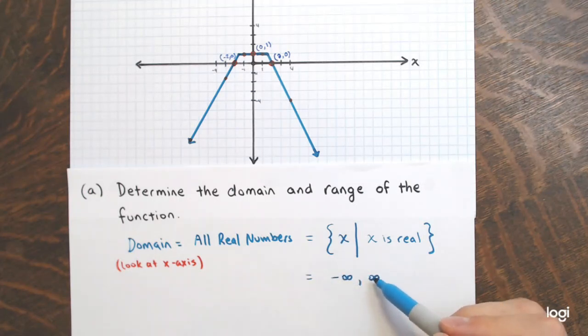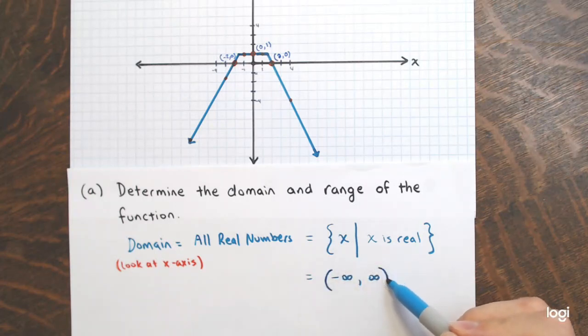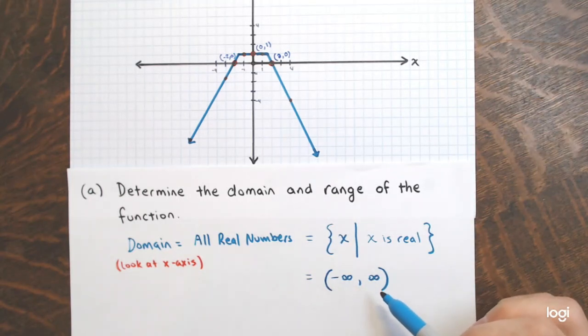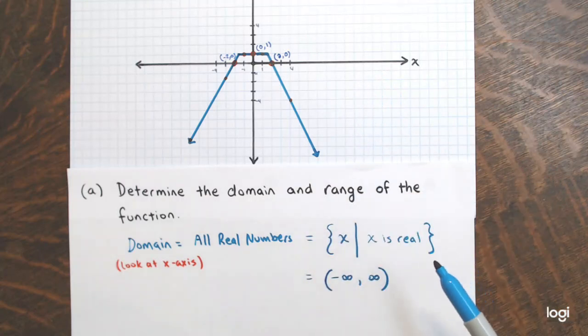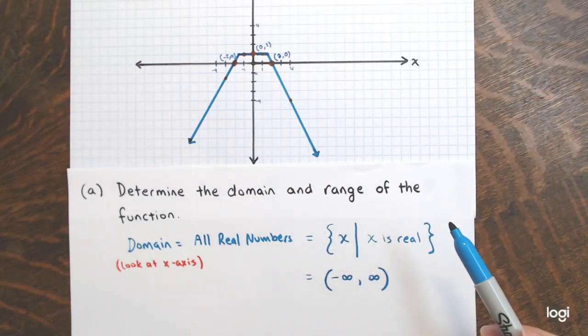So because these are not numbers, they are always capped off with parentheses, to indicate that these are not actually part of the set. But this interval right here represents everything. Every number on the real number line is part of the domain. Every single number you think of on the x-axis is the x-coordinate of some point on my graph.